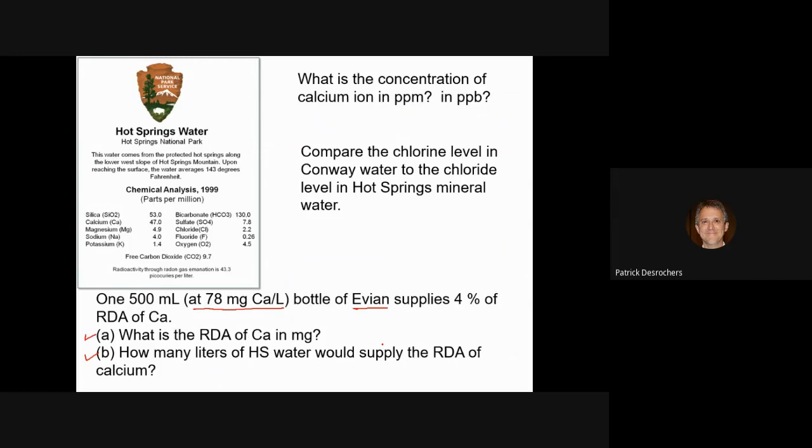Okay. Let me ask you another question. What does the RDA mean? Do you remember on food what that means? Does anybody remember what the RDA is? They put it on my nutrition label.